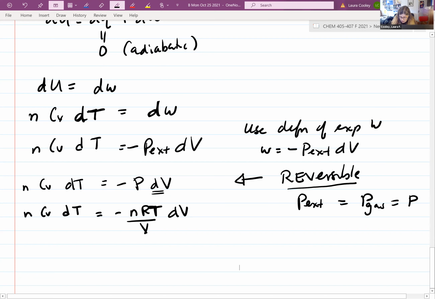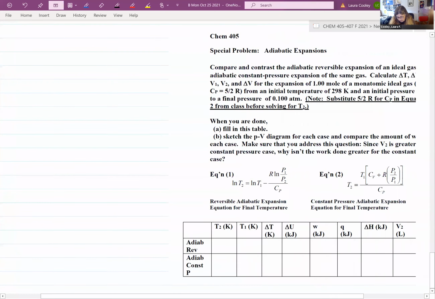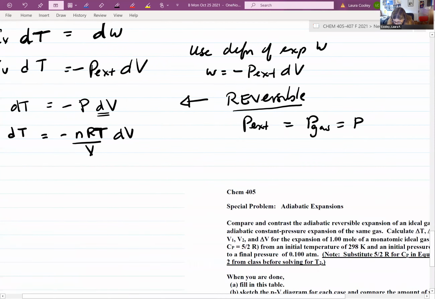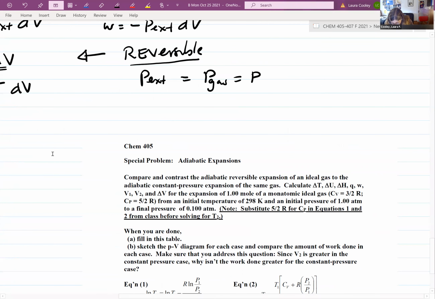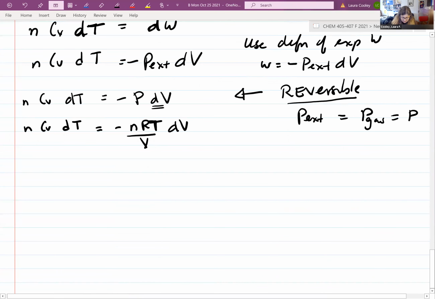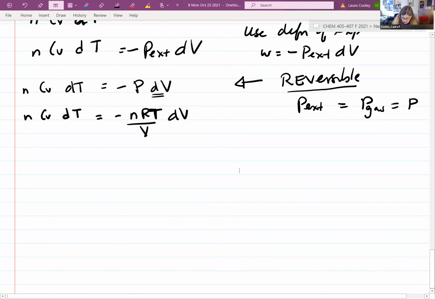And now when you integrate both sides of an equation, oh, what happened there? It's weird. So before I can integrate both sides of this equation, I need to move the temperature over to this side because I have a dT on this side.